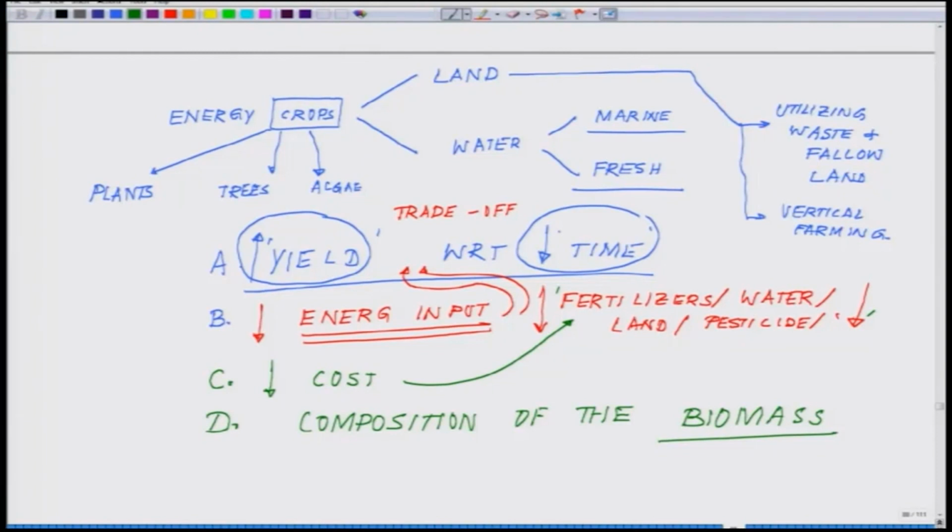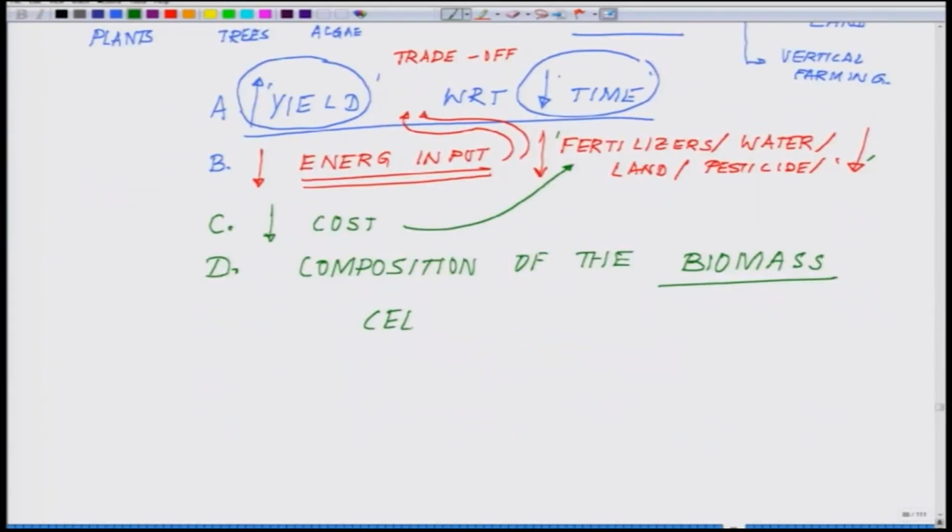So, whenever we talk about plants, let us take a standard example of plants. You have cellulose, you have hemicellulose, you have lignin. Okay. So, let us talk about it a little bit.